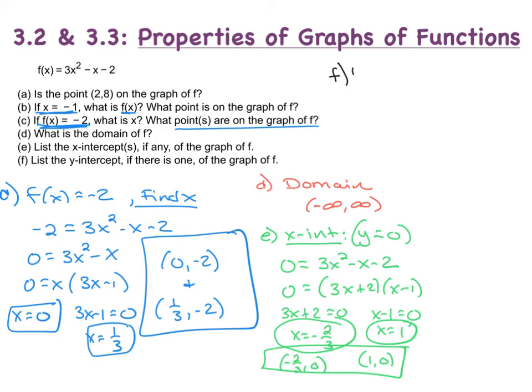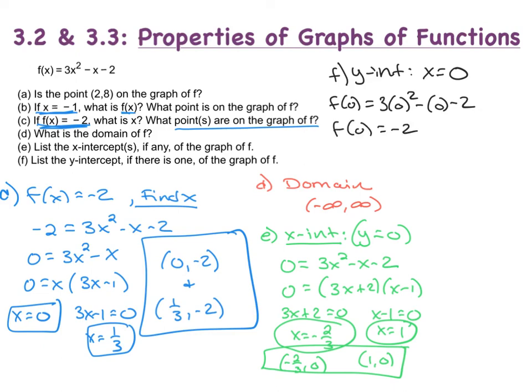Now remember, for the y-intercept, that's my favorite one to find, that's where we set x equal to 0. So f of 0 would be 3 times 0 squared minus 0 minus 2, but that's just going to be -2. So depending on how they want you to write it, if they just want the value for the y-intercept, type in -2. If they want it as an ordered pair, (0, -2). Cool.